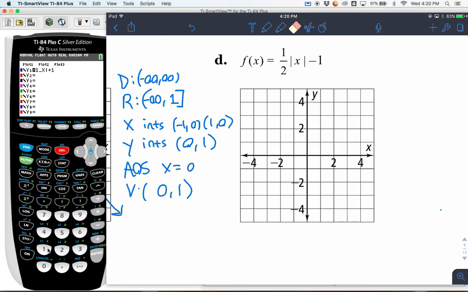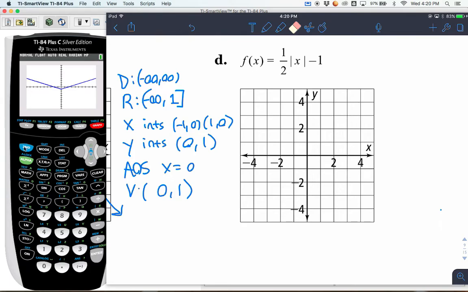It's that blue option there. So I'm going to put 1 divided by 2, and then bars, and then this was -1 right here. And we can hit graph. Okay, good. That did what I wanted it to.